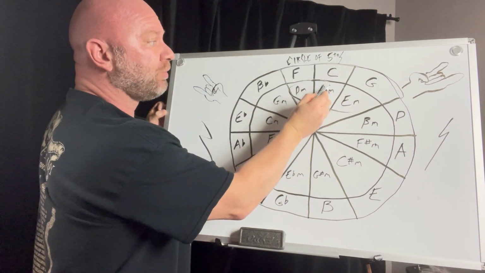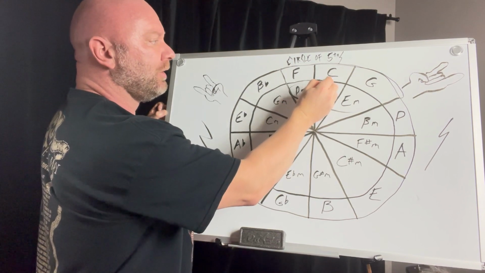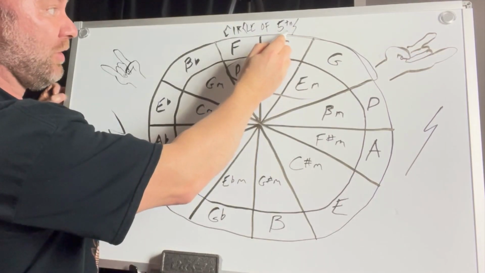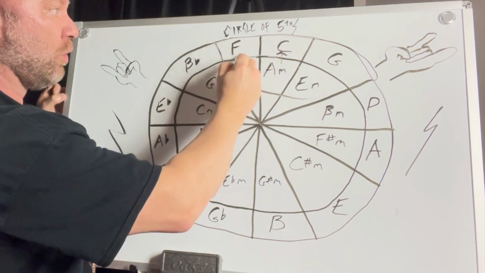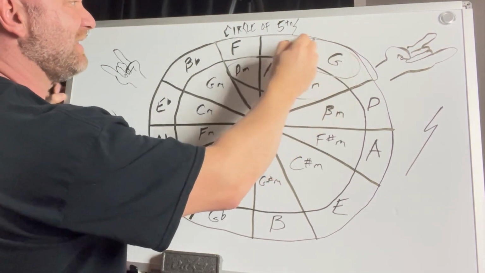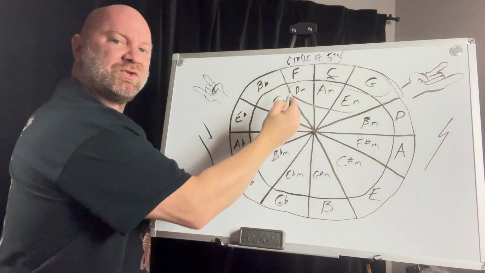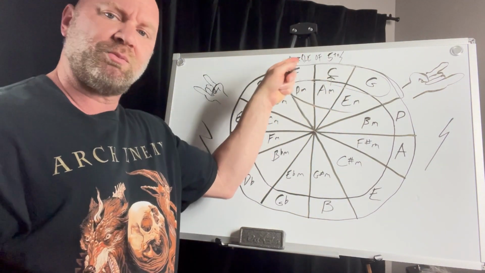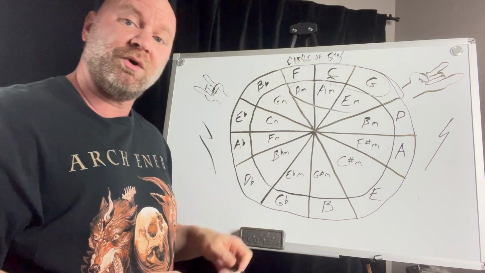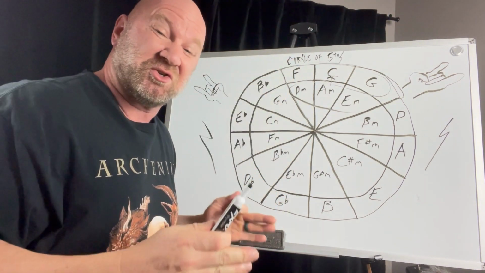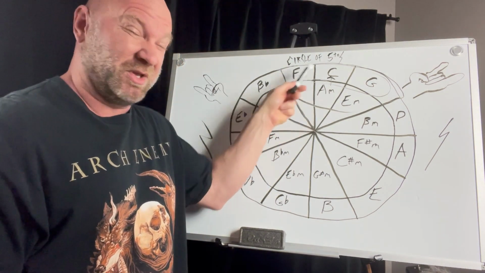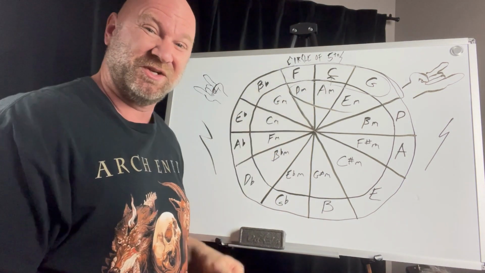We can also play the corresponding chord of the A minor, which is a C, which means we can also play the chords that are right beside that C. So we've got 6 chords that we can play together just by using this simple strategy, using the circle of fifths, using my simplified strategy rather. So let's go back to the guitar. Let's see what we can come up with using all this together.